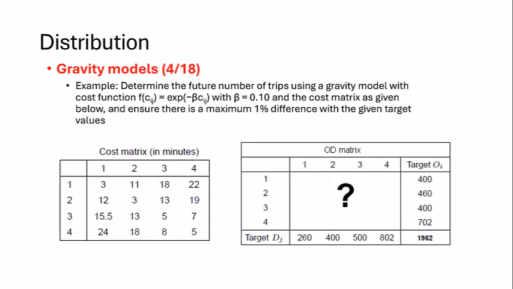Here we have an example of applying a gravity model with an exponential cost function. In this case, v equals 0.10. We begin with a cost matrix and apply the function to transform costs into deterrence values. The objective is to produce a forecasted OD matrix that matches the target trip totals while respecting the relationship between costs and flows.